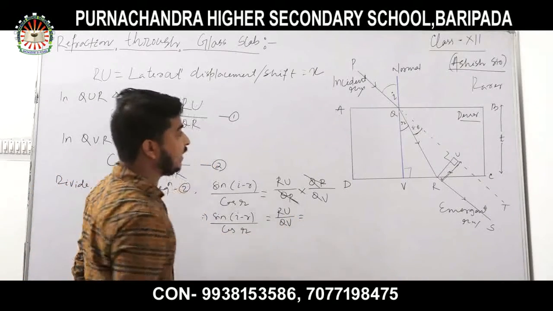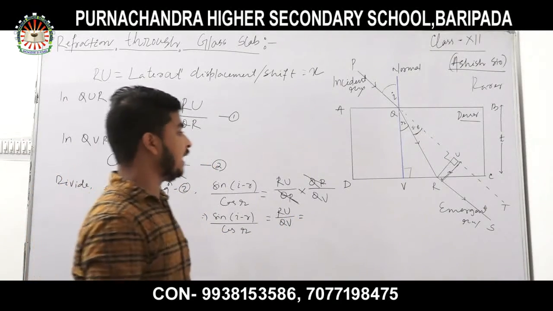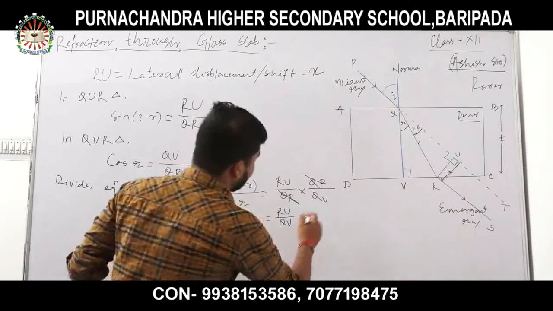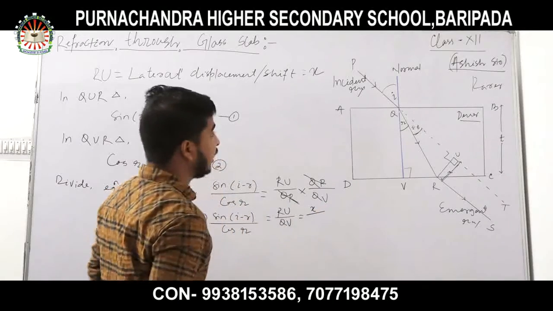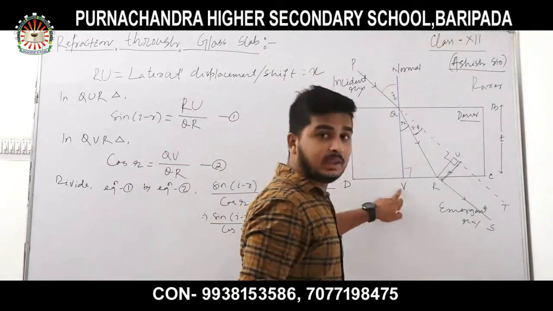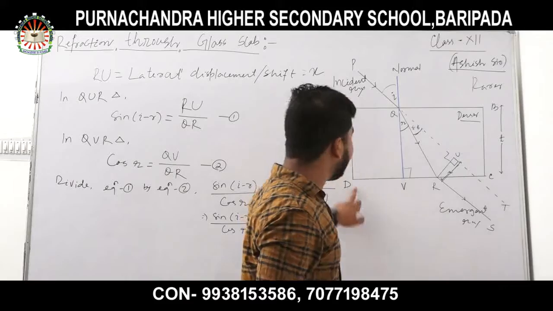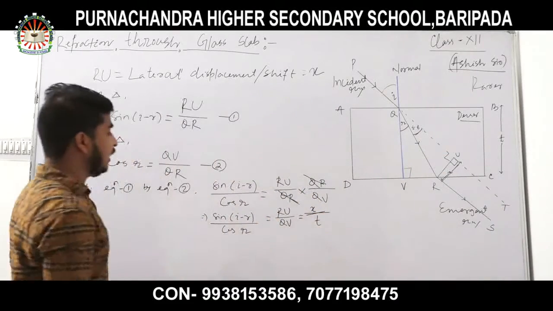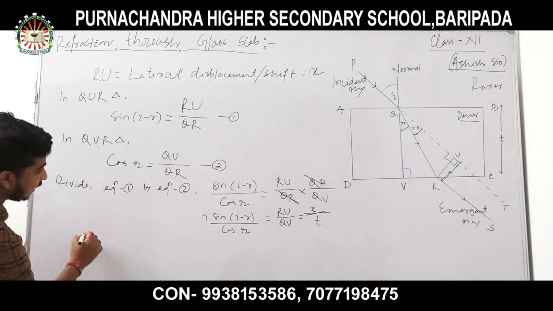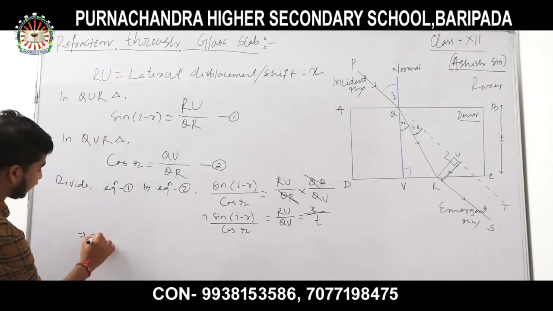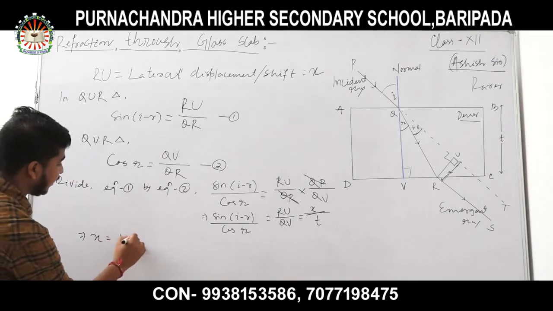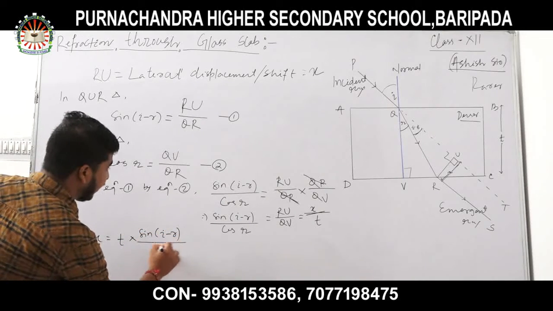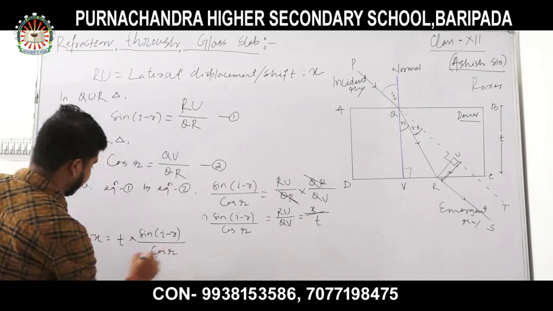So what is RU? RU is x. Now QV is the length of AD or BC, that is t. Now what will we get? x is equal to t into sine(i minus r) upon cos r.